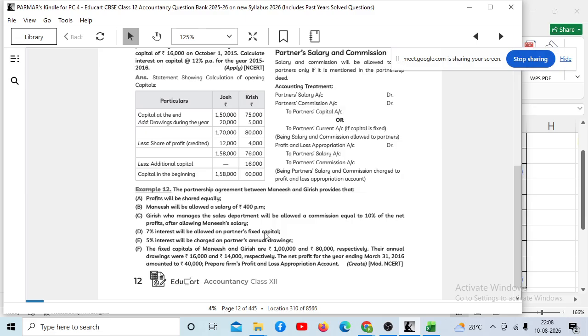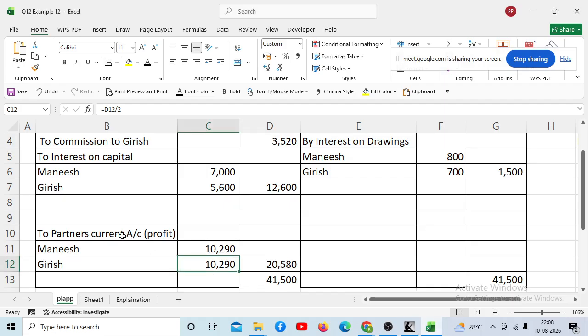In the fixed capital method, whatever is the profit, whatever is the drawings, everything they transfer to the current account. It means they prepare two accounts, one capital and one current. Here they had not told us to prepare the account, that's the reason we had not prepared the current account. But in that case, the profit will be transferred to the partners' current account.